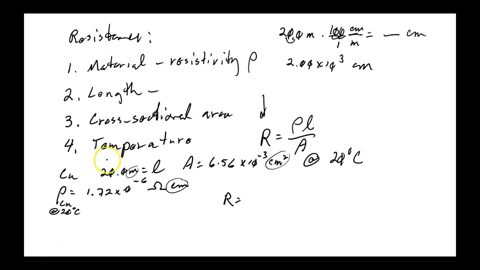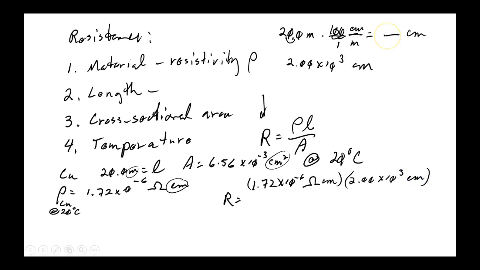R is equal to rho, which is 1.72 times 10 to the minus 6 ohm centimeter, times length, and that we just found out is 2.00 times 10 to the third centimeters.